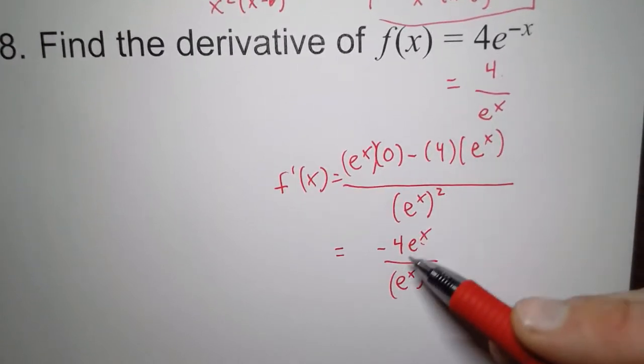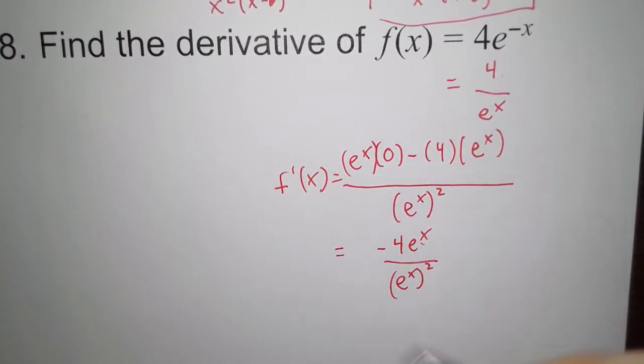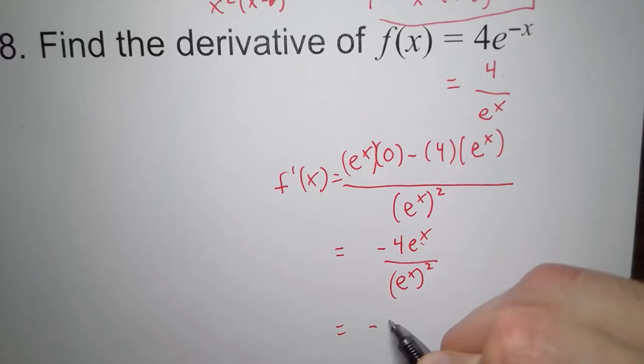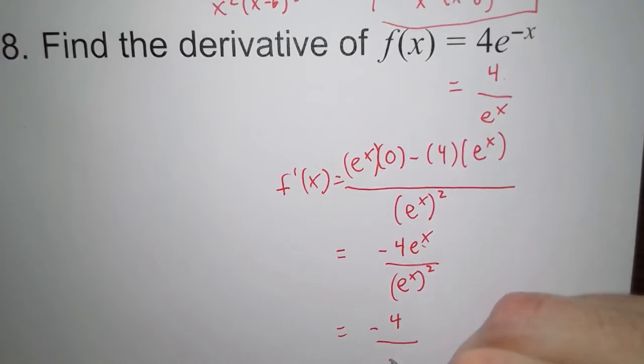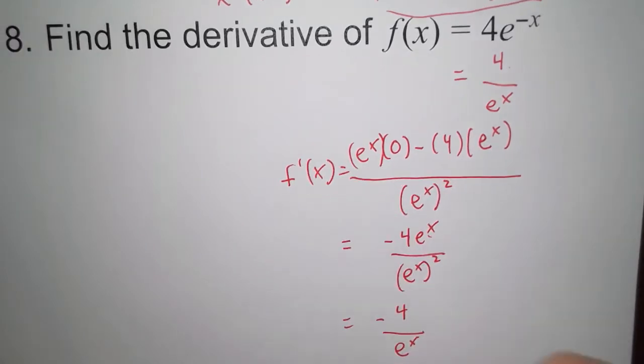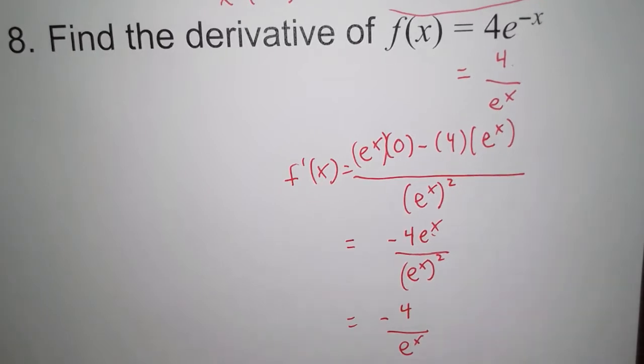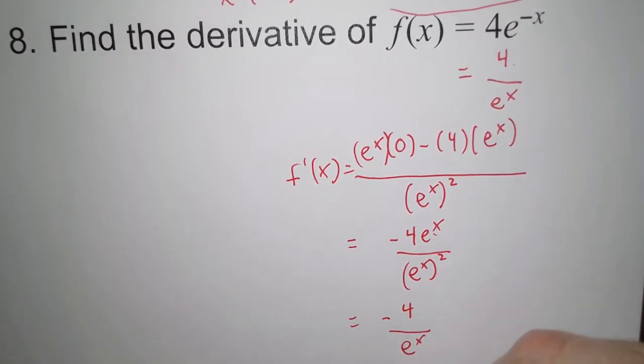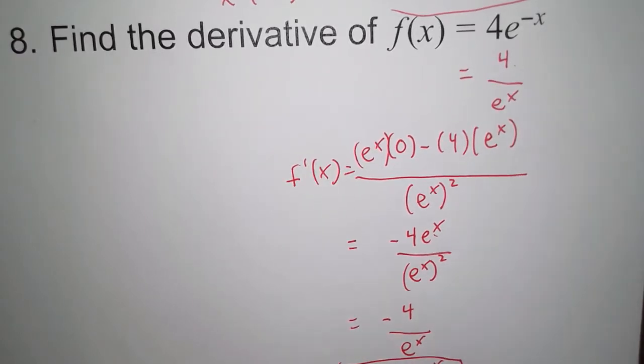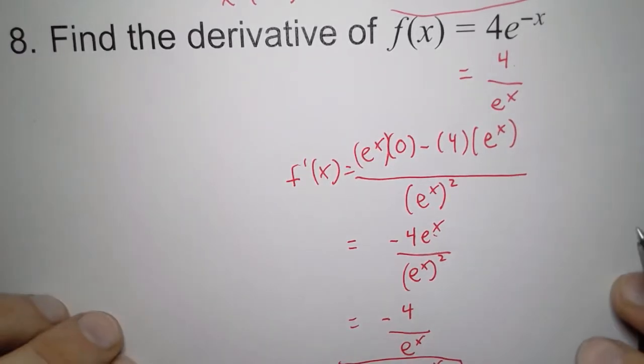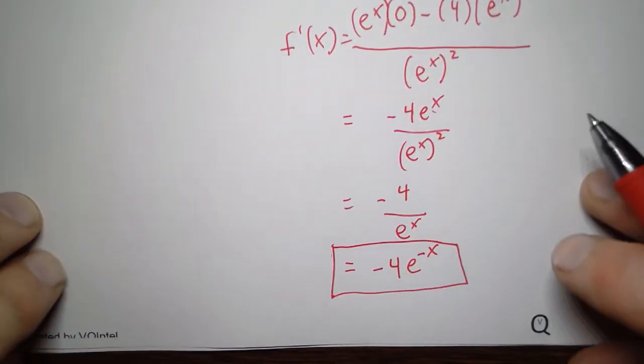We can cancel e to the x with one of these e to the x's. So we have negative 4 over e to the x. And we can rewrite that as we did before, negative 4e to the negative x. So there's the answer for that one.